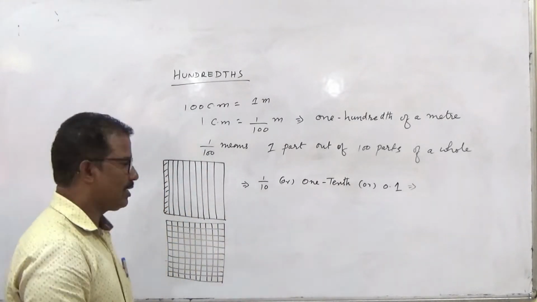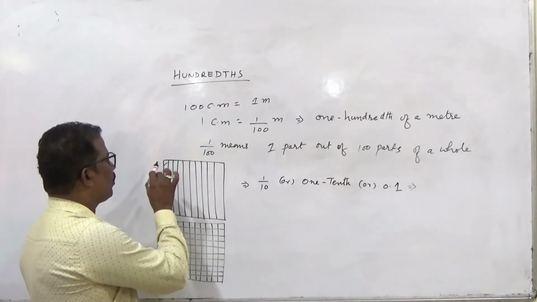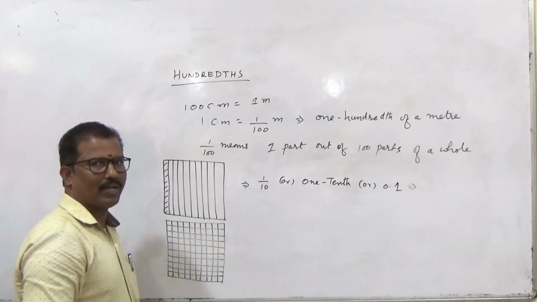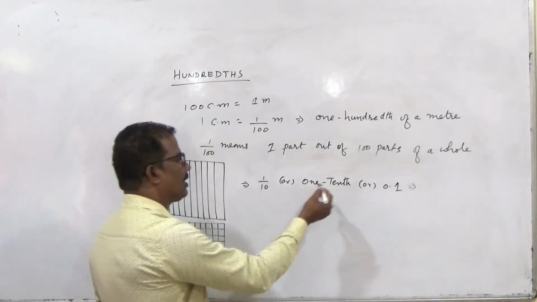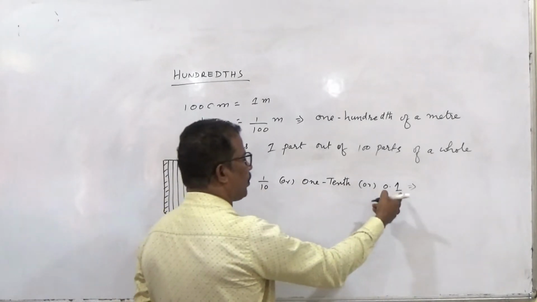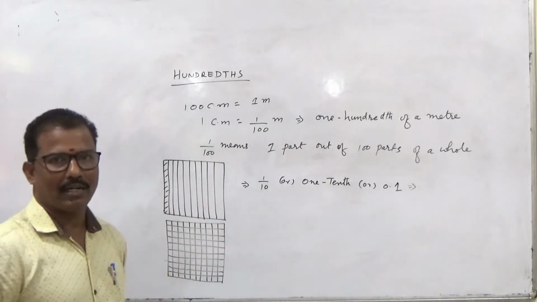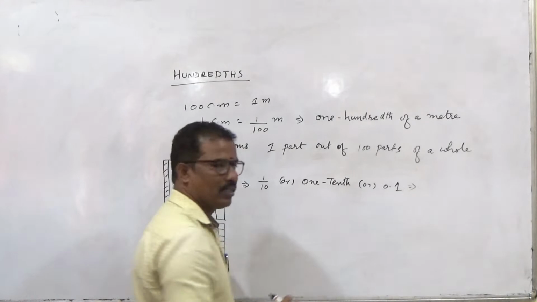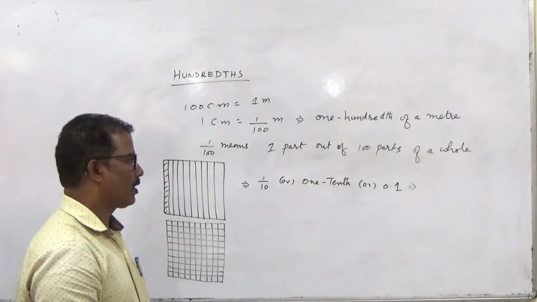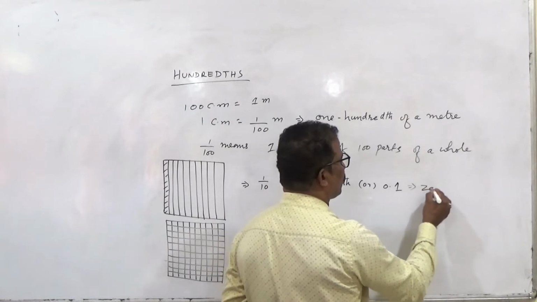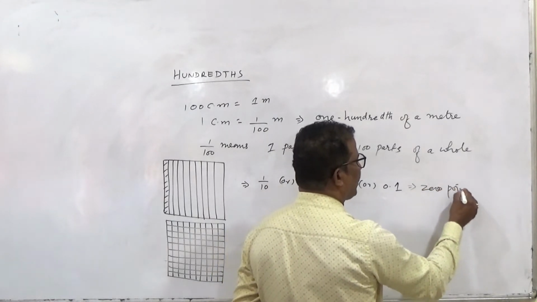Out of these 10 parts only one part is shaded. So this is called 1 by 10, or in decimal form, 1 by 10 is equal to 0.1, as we have learned in the last class. We read this decimal form as 0.1.